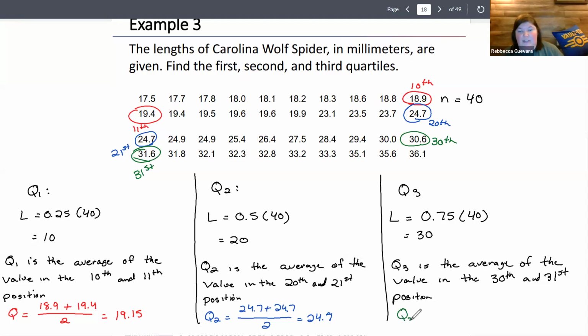So my Q3 is going to be the average of 30.6 plus 31.6 divided by 2. I think it's going to be 31 something. Let me just double check here. So 30.6 plus 31.6, yep, 30.95, very close to 31.